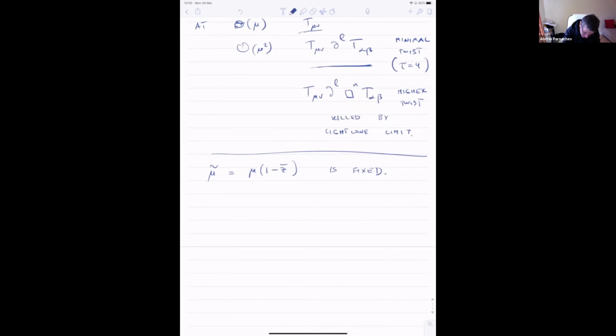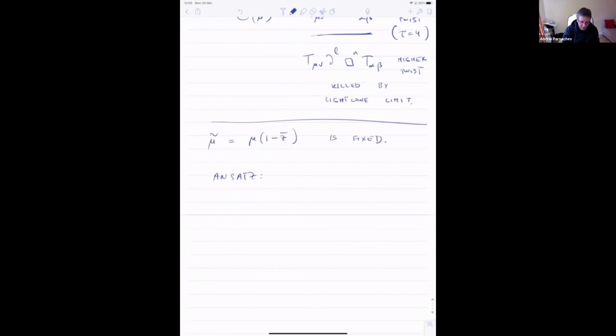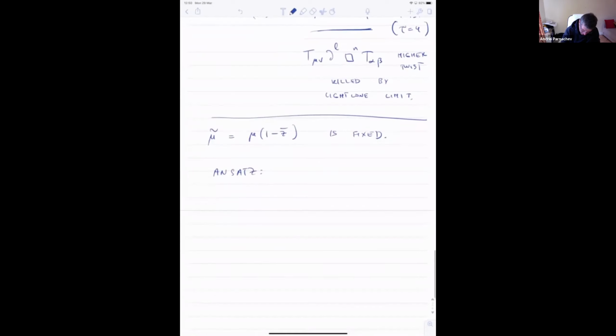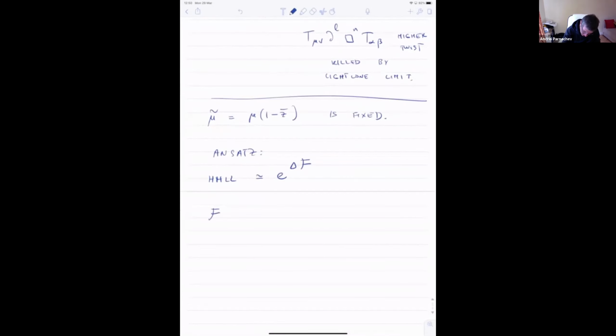We assume that the heavy-light correlator has the form e to the f, just like in the 2D case, where f is given by an expansion in mu tilde: mu tilde times F3, plus mu tilde squared times F3 squared plus F4 F2 plus F5 F1, plus mu tilde cubed times F3 cubed plus F4 F3 F2, say.